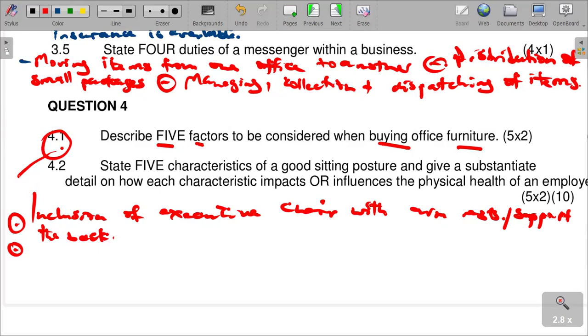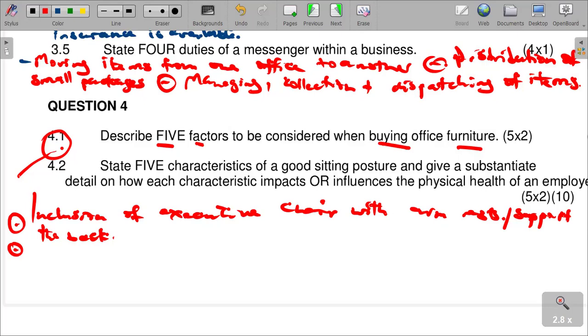Also, we need useful furniture such as stationery shelves, telephone tables, letter holders and baskets. They must be there to make life easier for staff.